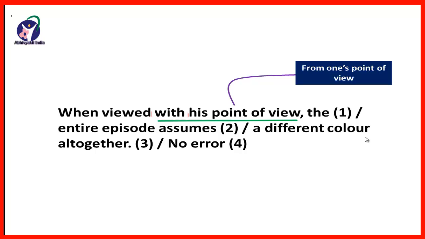So with should be replaced by from, and so the correct phrase will be from his point of view, and the correct sentence will be when viewed from his point of view, the entire episode assumes a different color altogether.